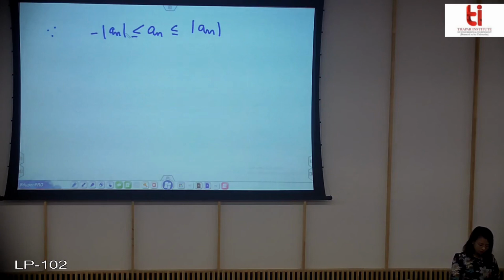Obviously this contains alternating terms, positive and negative. If I put mod on everything, this inequality will hold true.